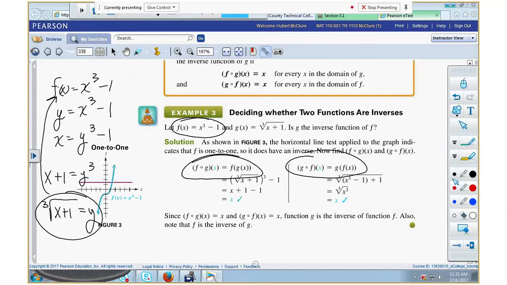If you do g composed of f and f composed of g, that's what they're saying.